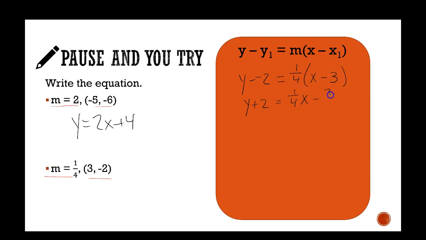So you got 3/4 there. Subtract 2. So you should end up with 1/4 is the slope in front of x, and then you got -2 and 3/4 here. Okay, so it's okay if I see an equation that has fractions, so stick with the process and you're doing it right.